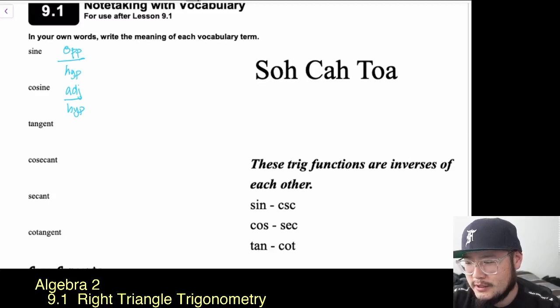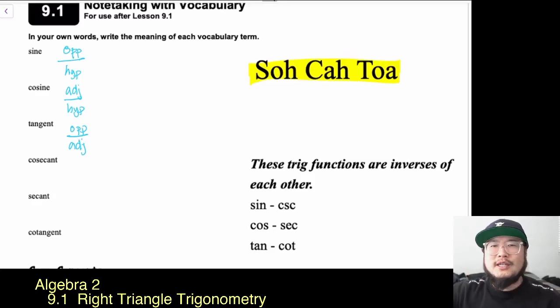And tangent is opposite over adjacent. Make sure you have this down. SOHCAHTOA is one of those silly things that we use to help us memorize. It's a mnemonic device, so hopefully you'll use that to help you memorize sine, cosine, and tangent.